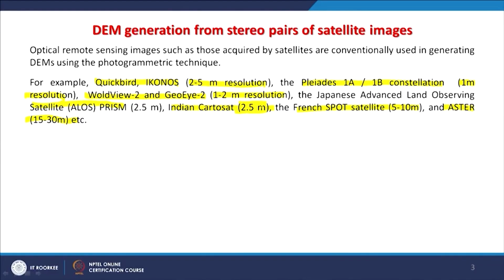And if you go for 30 meter spatial resolution, there are various options available to us, starting from SRTM DEM, which is available at 30 meter, ASTER, which is also available at 30 meter, and then our Cartosat for the entire India, which is freely available at 30 meter. Though if you buy the data and process it using photogrammetric techniques, you can definitely create a digital elevation model at 2.5 meter, but that will cost.